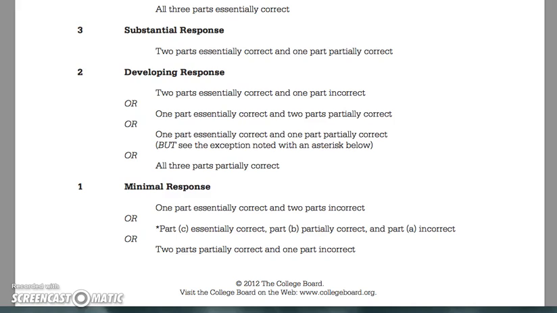And 1 point for minimal response: 1 part essentially correct and 2 parts incorrect, or part C essentially correct, part B partially correct, and part A incorrect, or 2 parts partially correct and 1 incorrect.